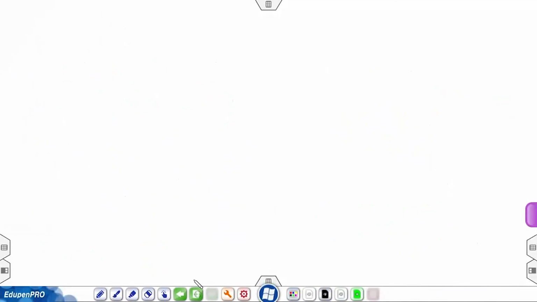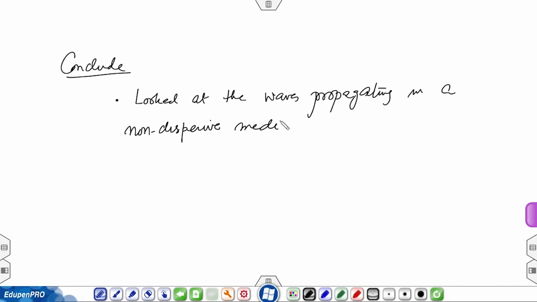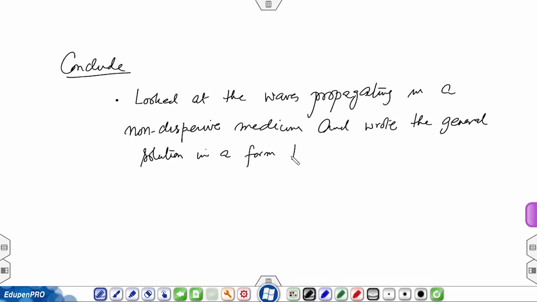So, let me conclude this lecture by stating that we looked at waves propagating in a non-dispersive medium and wrote the general solution in a form that can be interpreted easily.